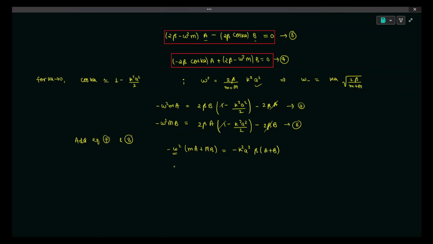So we will get minus k square a square times 2 beta divided by small m plus capital M, times small m A plus capital M B, is equal to minus k square a square beta times A plus B, right? And we can simplify this.